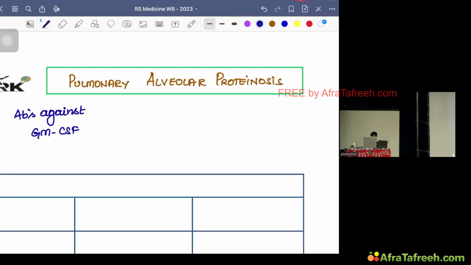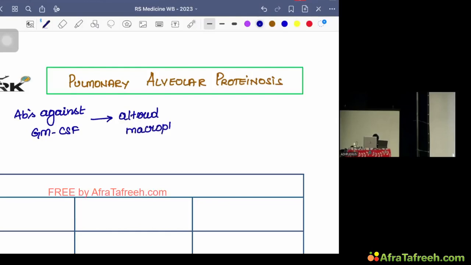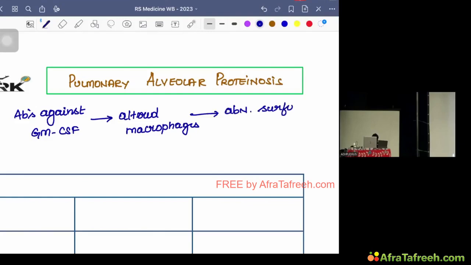What is GM-CSF? It is required for clearance of surfactant. So there are going to be altered macrophages, and there is going to be abnormal surfactant accumulation.